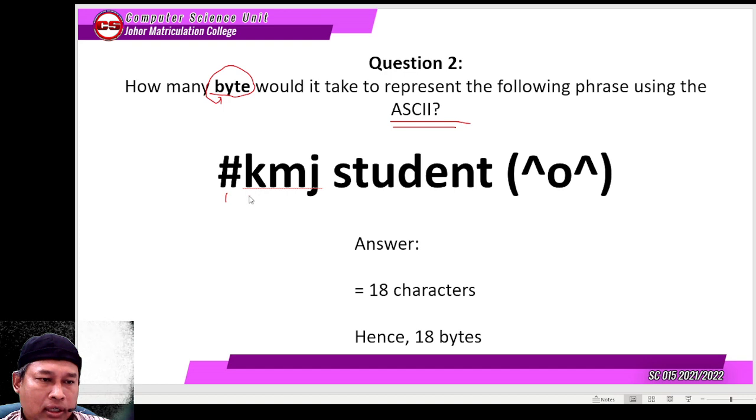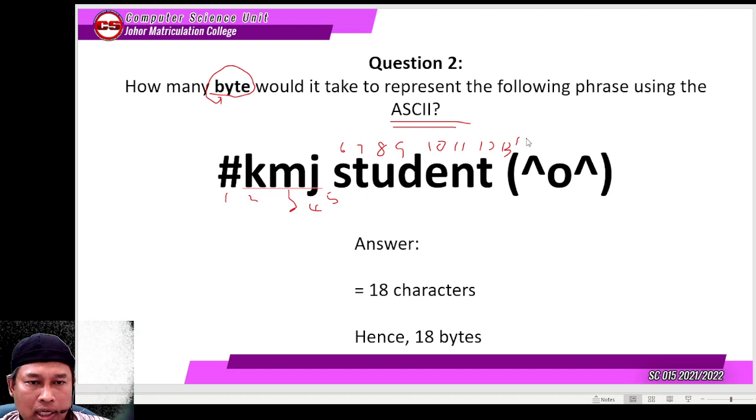So 1, 2, 3, 4, 5, 6, 7, 8, 9, 10, 11, 12, 13, 14, 15, 16, 17, and 18. So 18 characters.